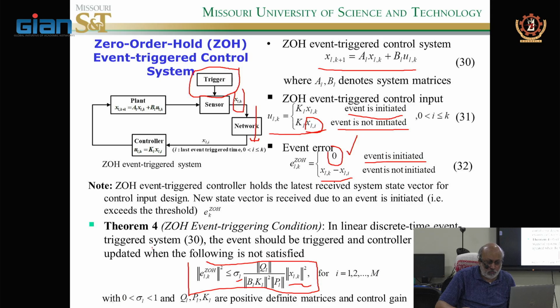If this condition is violated, then immediately the switch will close and the state is transmitted through the network. Otherwise, you are not transmitting it. So the benefit is you are not transmitting the state at every sampling instant. That reduces the amount of transmission through the network.